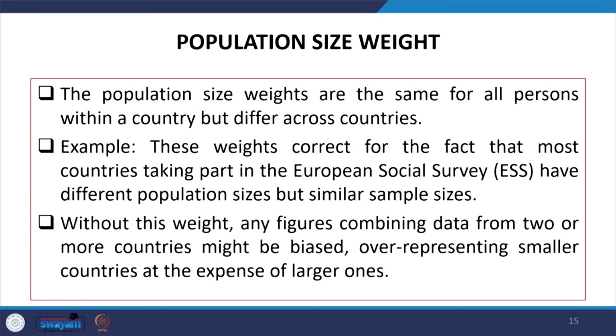Okay, sample sizes are similar whereas the population sizes are different. Without this weight, any figures combining data from two or more countries might be biased, over-representing smaller countries at the expense of the larger countries. So, the smaller countries should get a reciprocal weight, because the population sizes differ and there must be respective weights.